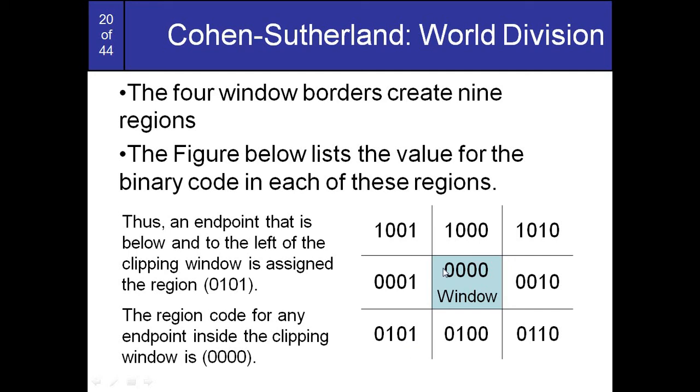Accordingly, all the regions are assigned values in a similar manner. For the middle region the code is 0000. Why? Because top is 0 as this area is in the middle region, left is 0, right is 0, and bottom is also 0, because it is not in the bottom and not in the top, it lies in the middle of the region.